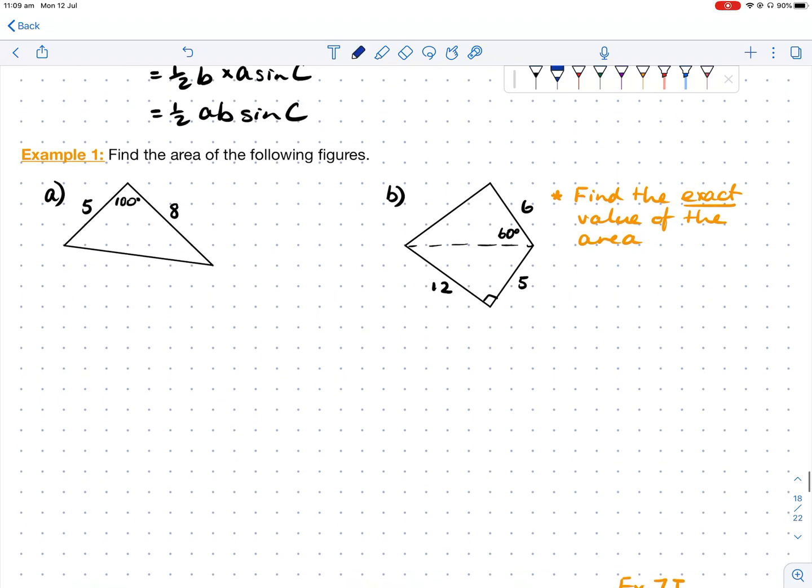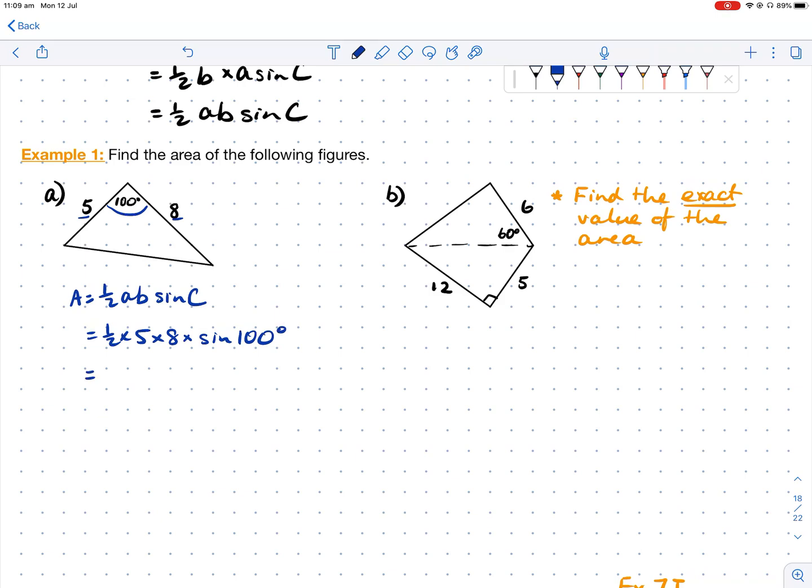So let's have a look at a couple of questions. The first one, find the area of this figure. The formula is A equals half AB sine C, and you can see the angle is between the two sides that we're working with. So it's half times 5 times 8 times sine of 100 degrees.